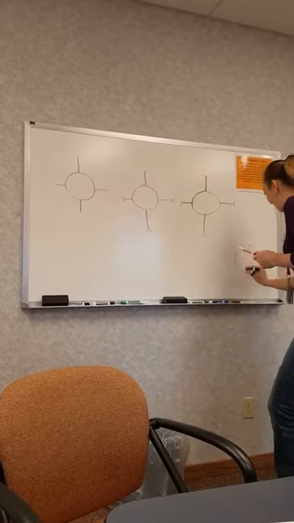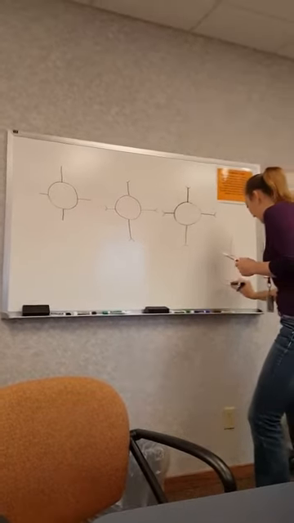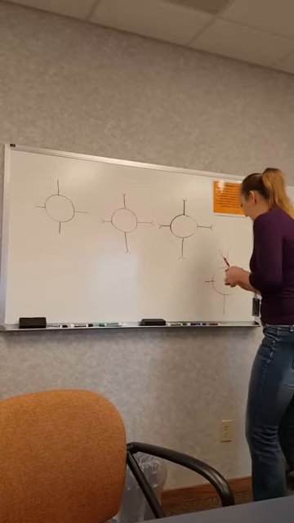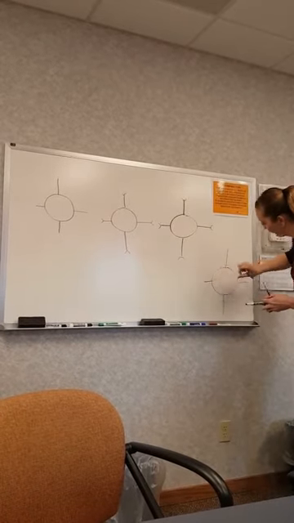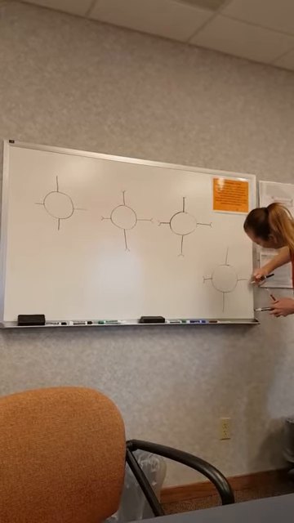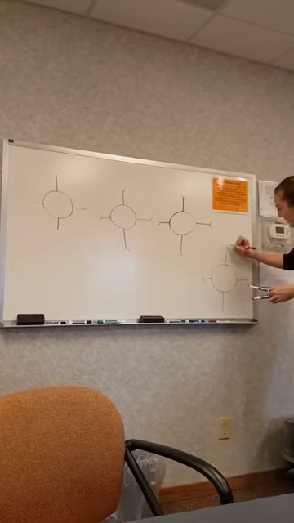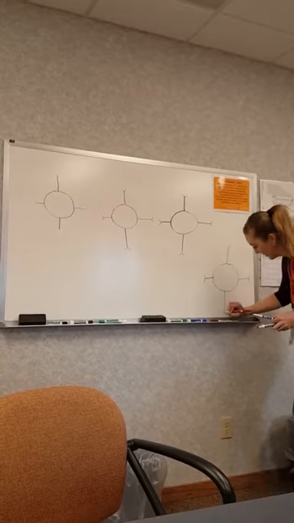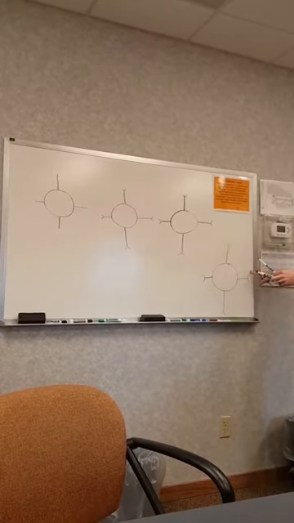Which means an AB red cell is going to have both. So it has some of these, which are B's, and some of these, which are A's, which makes it AB.